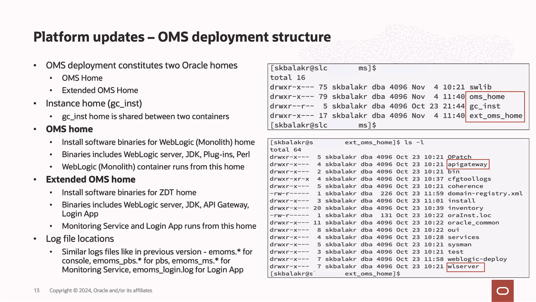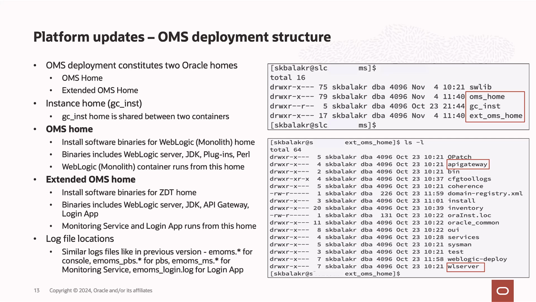The new home, which we call the extended OMS home, is dedicated to supporting the ZDT services. Here we install software binaries specifically for ZDT services, including WebLogic Server, the JDK, the API gateway, and so on. In this extended home, the critical ZDT services such as monitoring and login will be running from this extended OMS home.